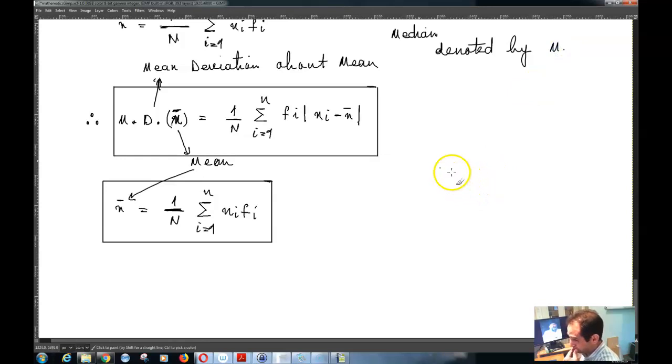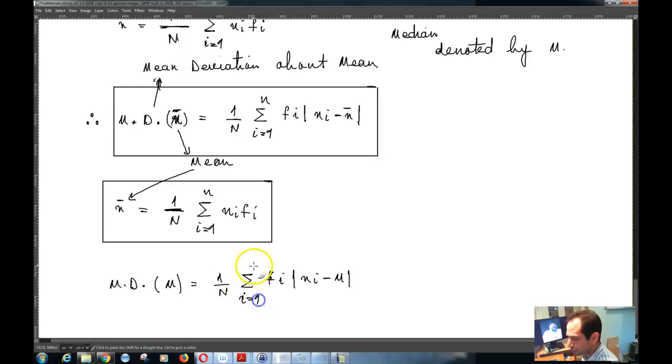So the only difference is that the mean deviation about median would be 1 divided by n, the sigma of f of I times the absolute value of x of I minus m as I goes from 1 to n.